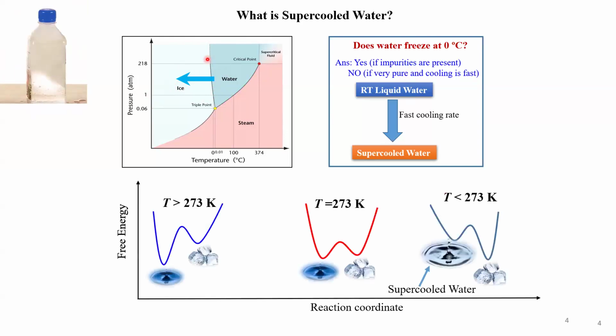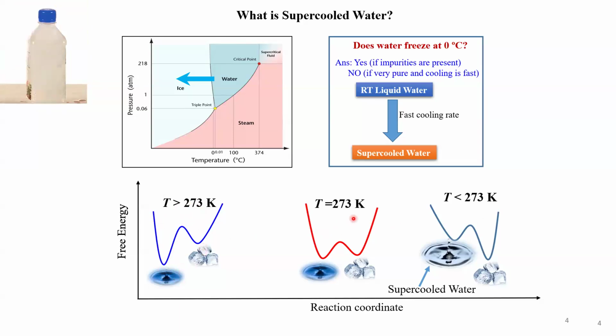It can be even clearer if we see this schematic free energy profile at these 3 different temperatures. Above 0 degrees Celsius, 273 Kelvin, you can see that we have 2 minima, and the minimum for liquid water is much deeper compared to ice, and therefore we can say thermodynamically liquid water is more stable than ice.